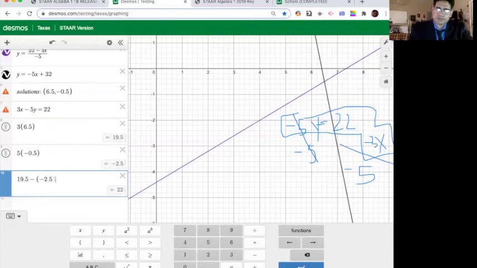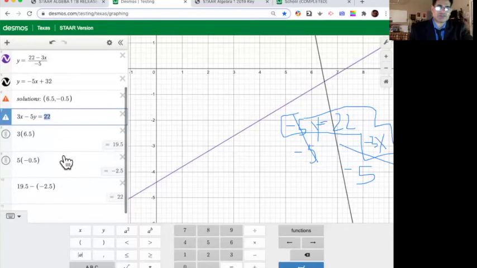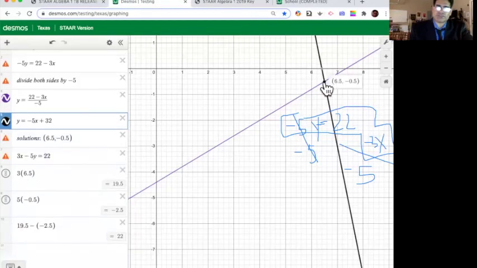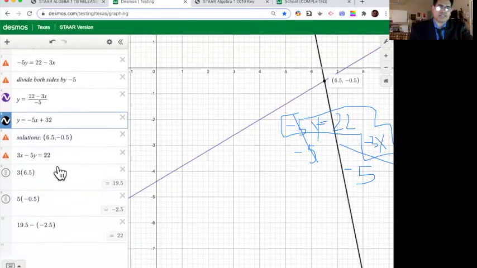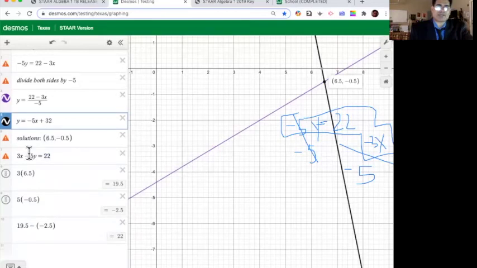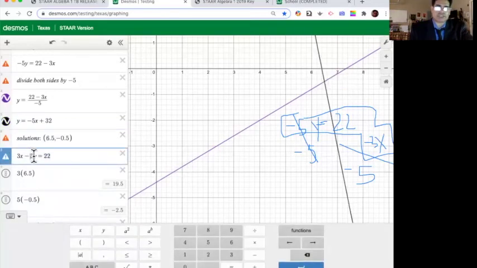Whoa. All right. I'm doing it with the expectation that it's got to equal 22. 3 times the value of x, as my solution set has been indicated, equals 19.5. We take that away in the original equation by 5 times whatever is y.